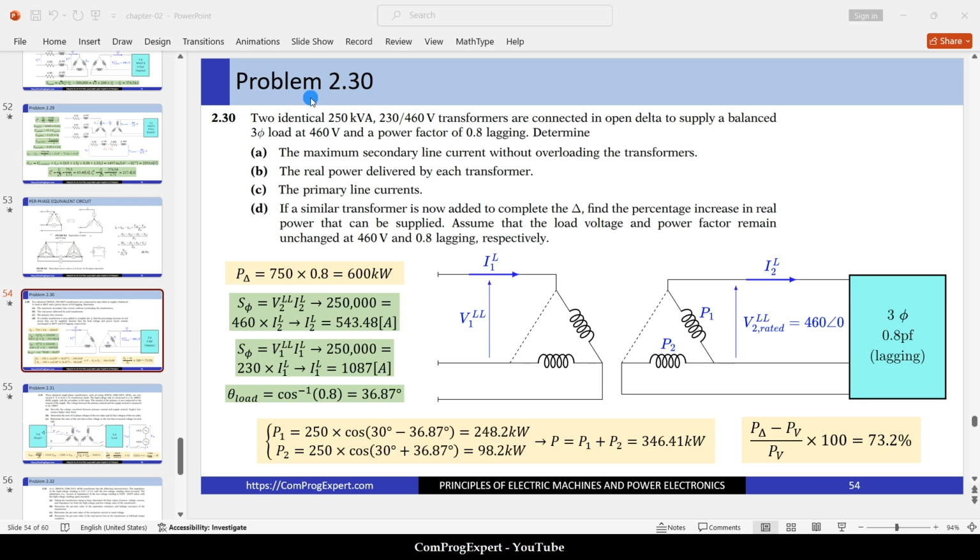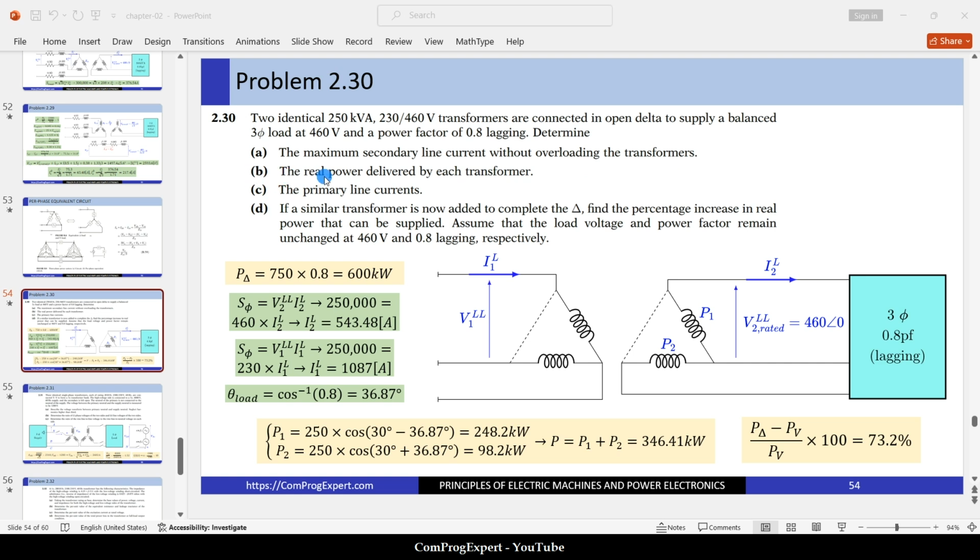Problem 30. Two identical 250 kVA, 230 to 460 volts transformers are connected in open delta to supply a balanced three-phase load at the rated voltage and a power factor of 0.8 lagging. Determine A, the maximum secondary line current without overloading the transformers.